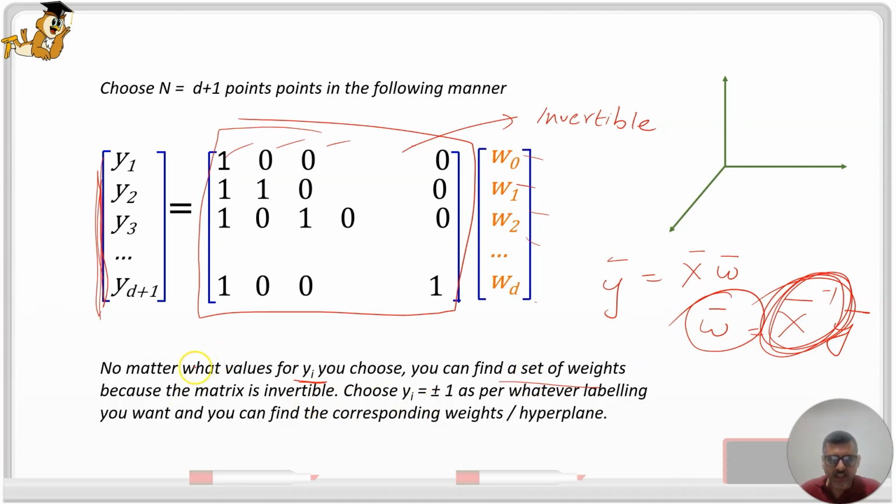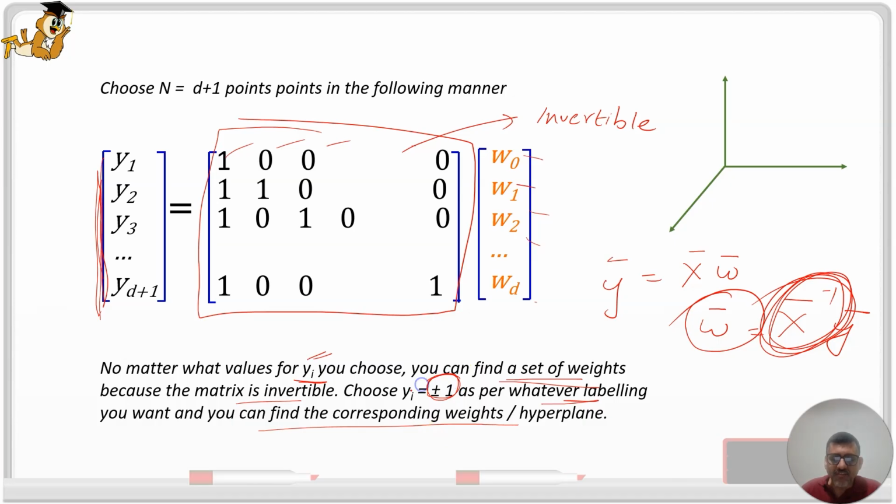So what I am saying is that no matter what values of yi you choose, whether plus or minus ones, you can find a set of weights because the matrix is invertible. You can choose yi equal to plus or minus 1 as per whatever labeling you want, and you can find the corresponding weights and the hyperplane. Right?